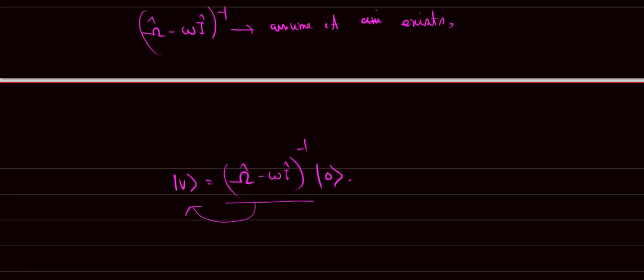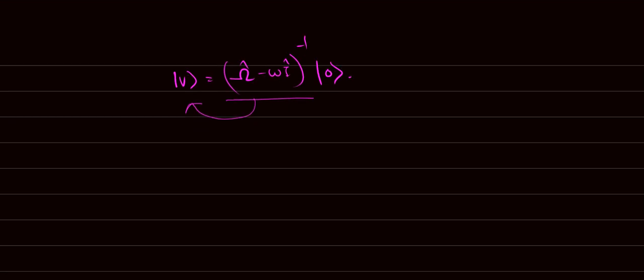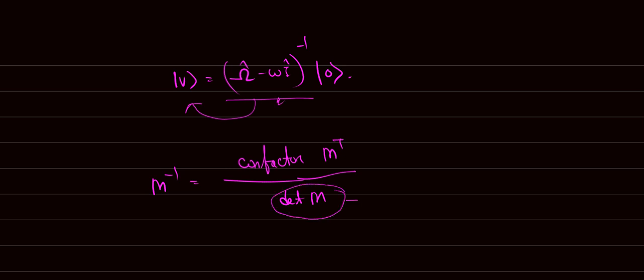And from linear algebra, for any matrix we know the inverse of any matrix is the cofactor transpose of that matrix divided by the determinant of that matrix. So if it does not exist, that means the determinant of this matrix must be 0.